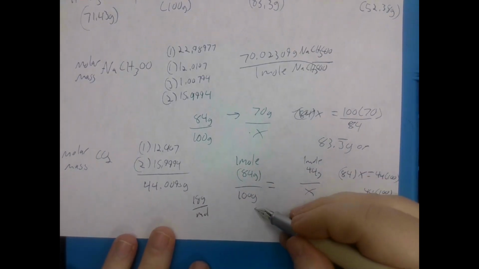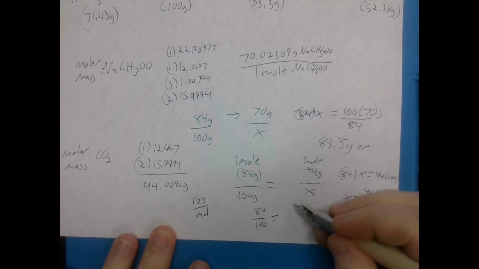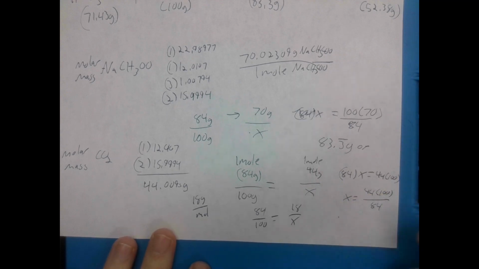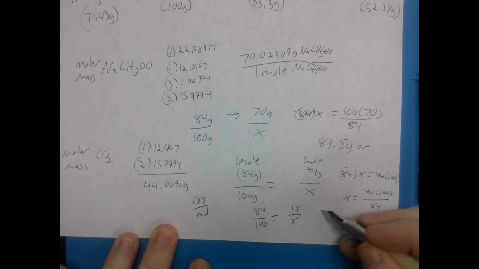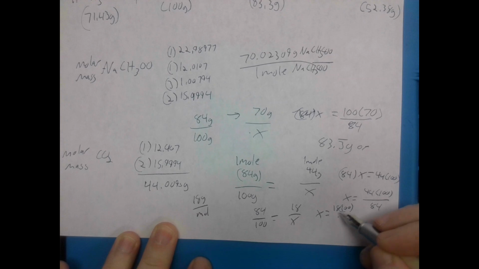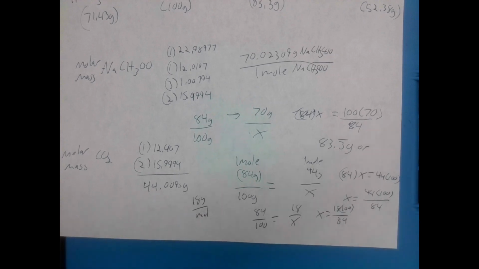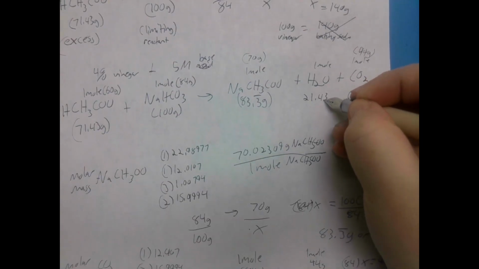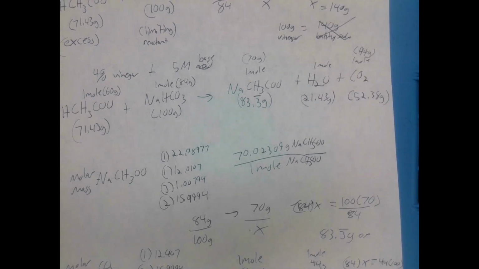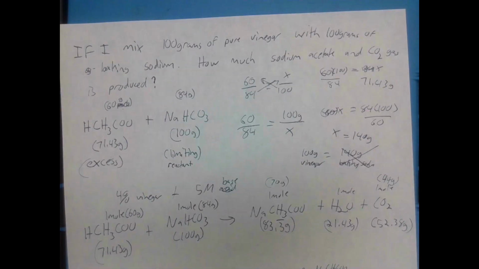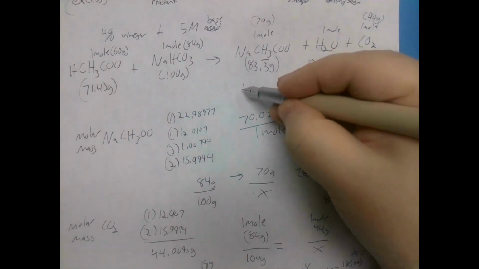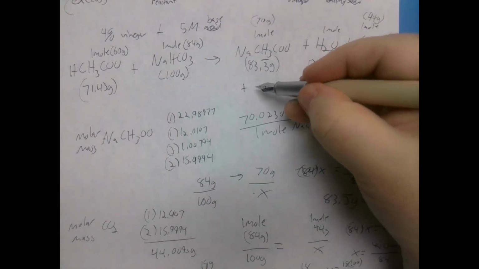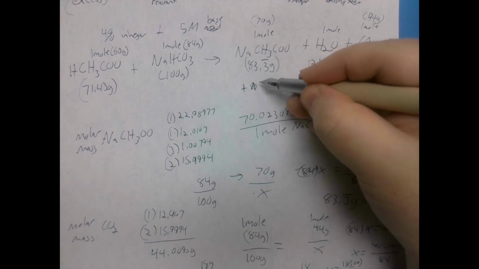So doing water, that's 84 to 100 is equal to 18 to X. So X is equal to 18 times 100 divided by 84. 21.43 grams.